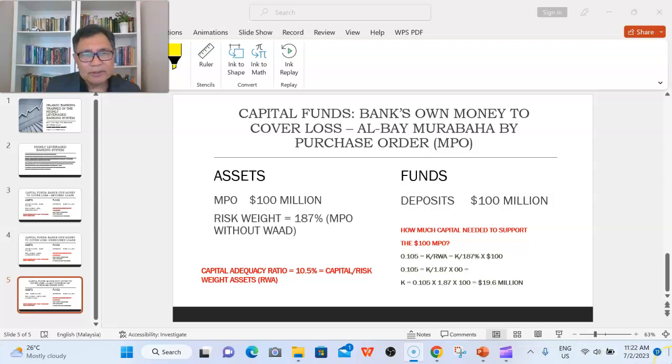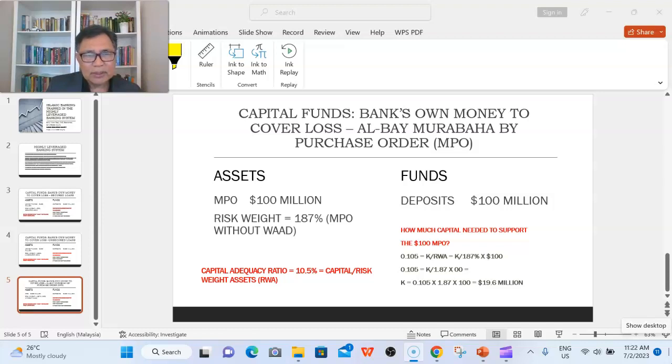Now, if we were to see an example where the Islamic bank intends to use sale, whereby, as I say, sale is a transaction evidencing the transfer of ownership from the selling party to the buying party, the taking of ownership risk by the selling party prior to the resale to the buying party on deferred payment.